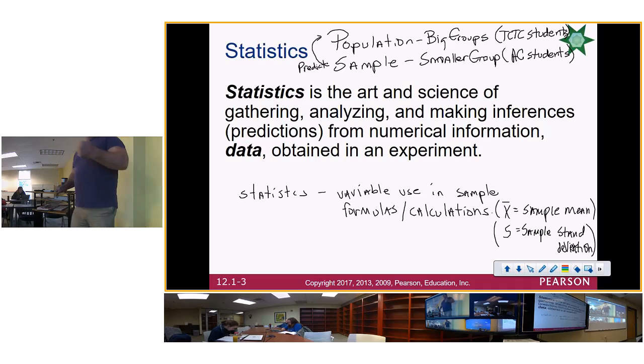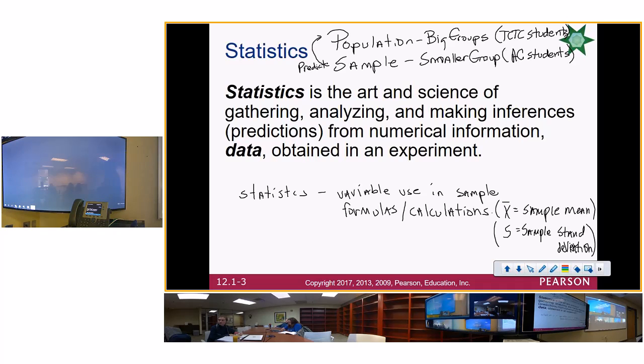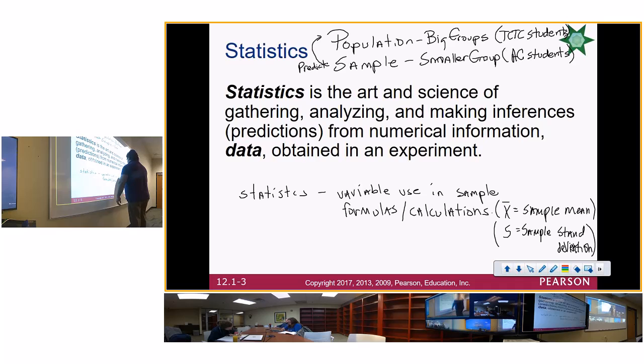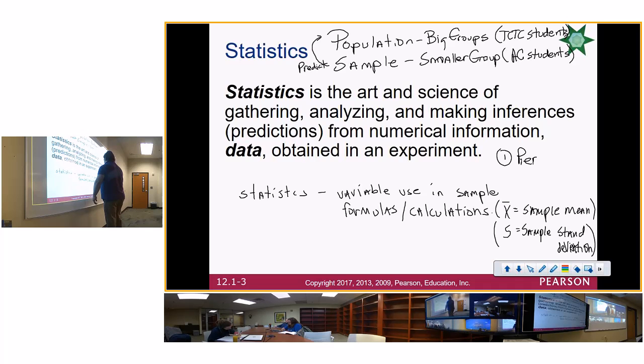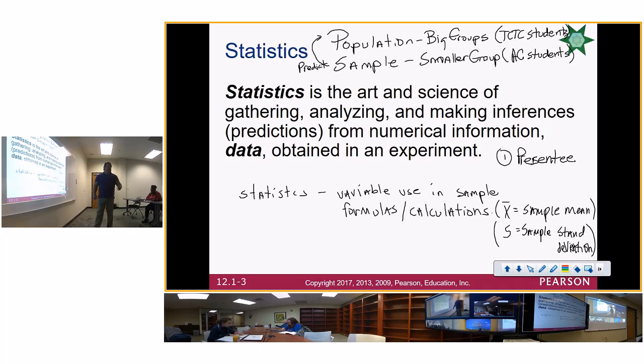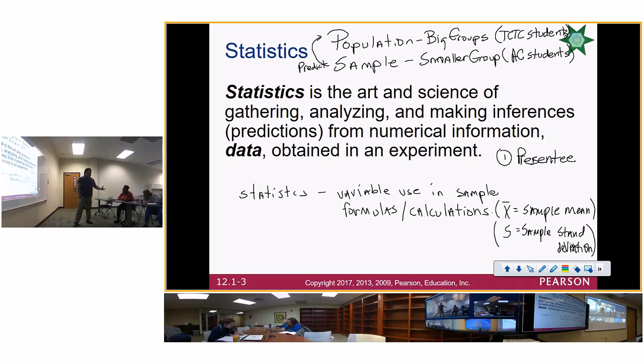So this is just a drop in the bucket, but it's mainly 2 reasons. One, so you won't look like an idiot in a meeting. So as a presentee, I can't spell presentee. In other words, if somebody is presenting this material to you at work, you don't raise your hand and sound like an ignoramus.